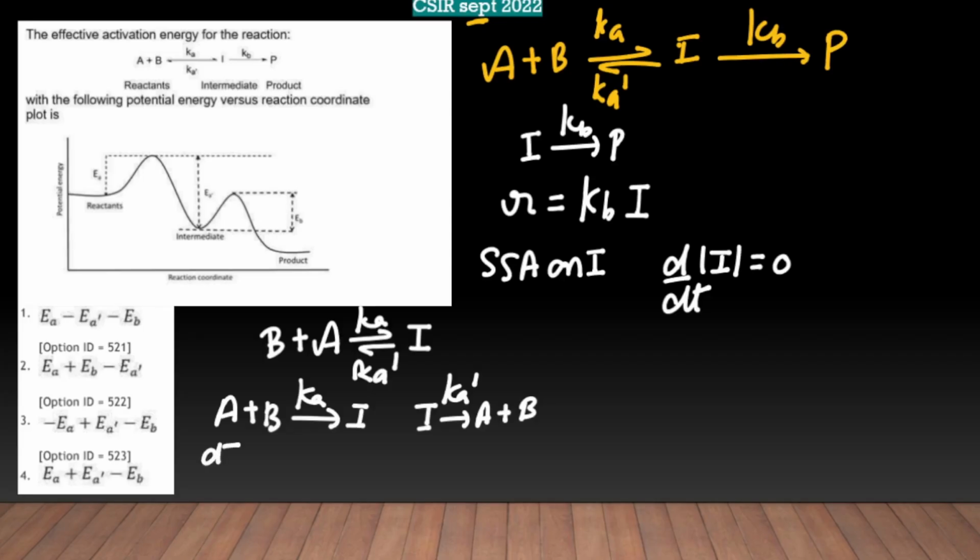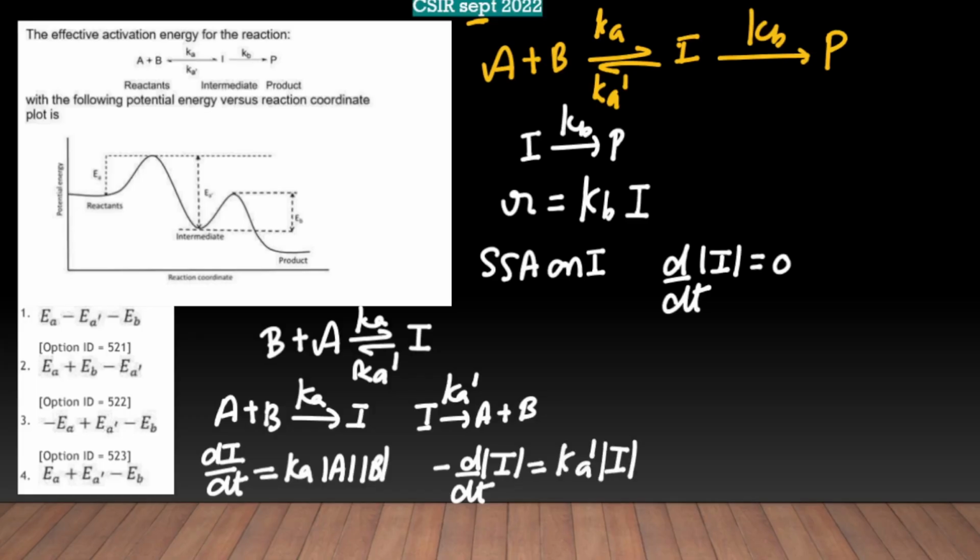For this one, the I is being formed, d[I]/dt will be Ka times the A into the B, and for this one, minus d by dt of the I is equal to Ka dash times the I, right? And the other reaction, I is giving you the product P with the rate constant K2.